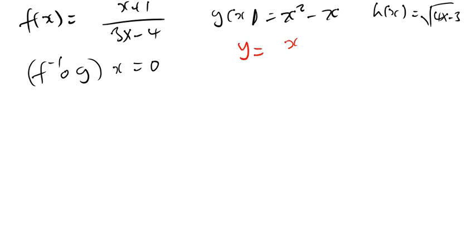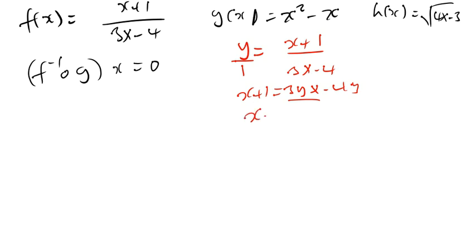y is equal to x plus 1 divided by 3x minus 4. Then you make x the subject of the formula. So if I cross multiply, I'll have x plus 1 is equal to 3yx minus 4y. Shift this to the other side, x minus 3yx is equal to negative 4y minus 1.